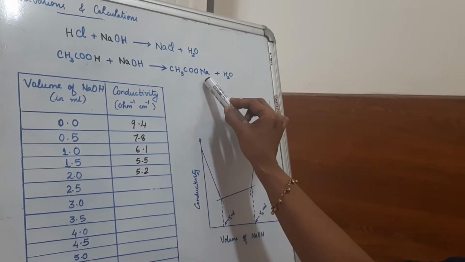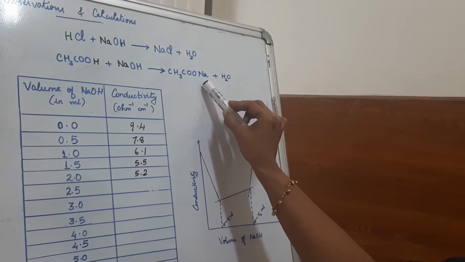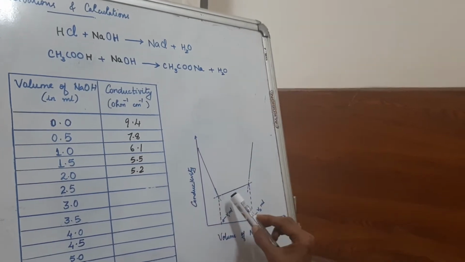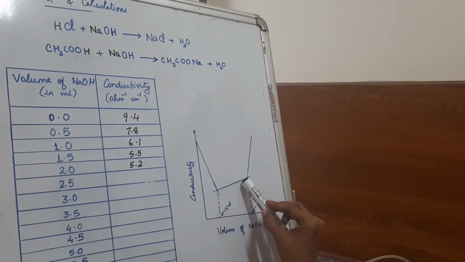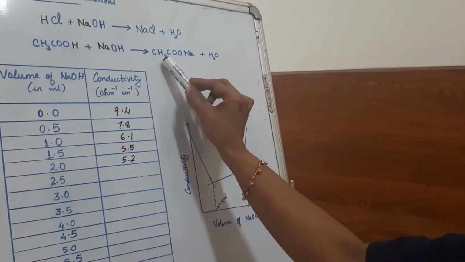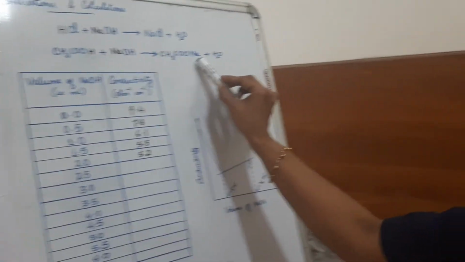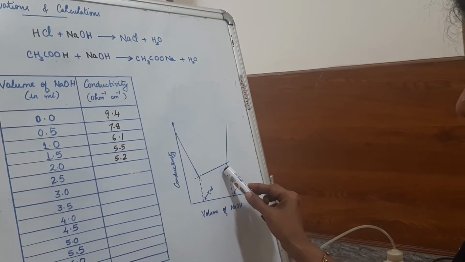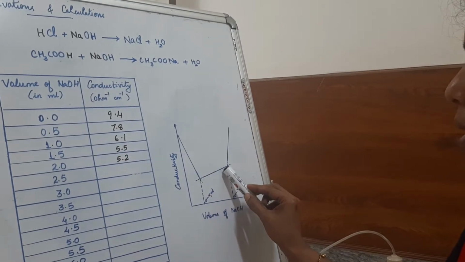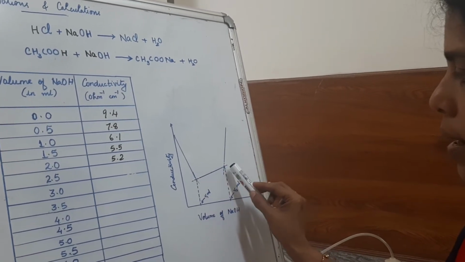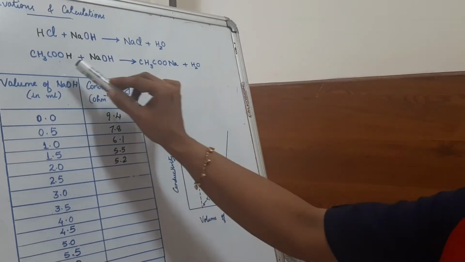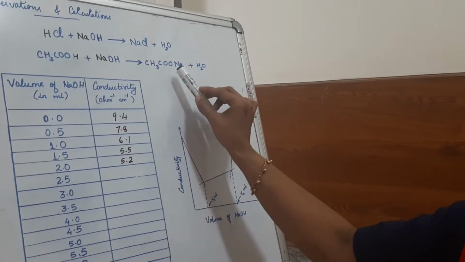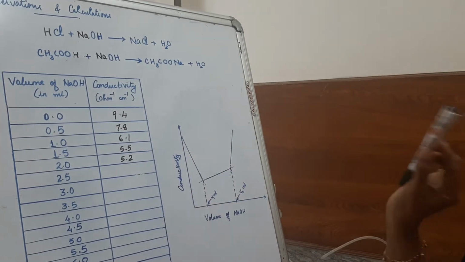Sodium acetate is a salt, completely ionized, and therefore the slight increase in conductance is due to the formation of sodium acetate. This slight increase will go on till all the H plus ions of acetic acid have been replaced by sodium to form sodium acetate.